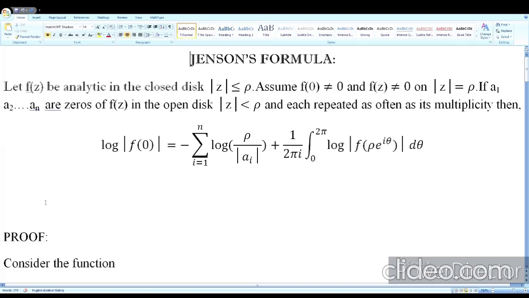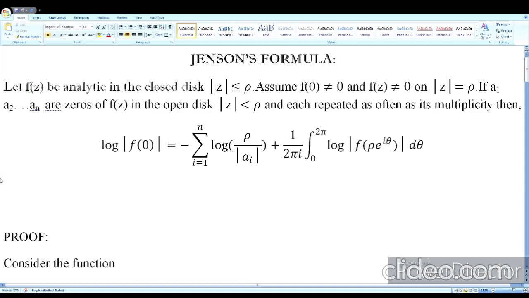If a1, a2, ..., an are zeros of f(z) in the open disk |z| < ρ, each repeated as often as its multiplicity, then log|f(0)| = −Σ (i from 1 to n) log(ρ/|ai|) + (1/2π) ∫ from 0 to 2π log|f(ρe^{iθ})| dθ.